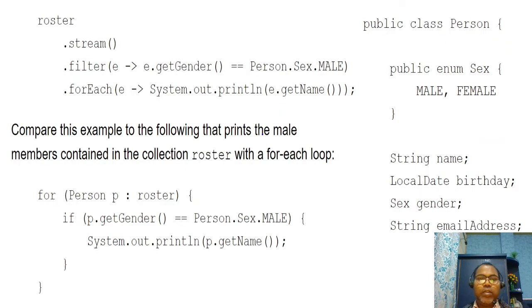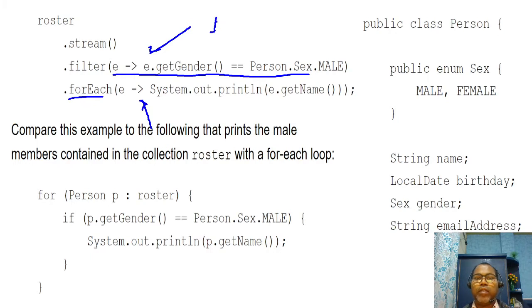So please be aware in this code, this is the filter method. The filter method takes the object of a Predicate interface. The forEach method takes the object of your Consumer interface.